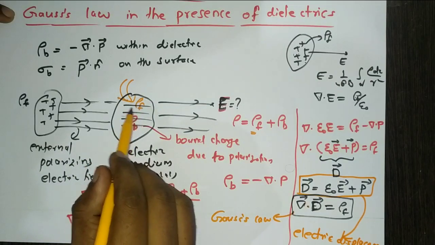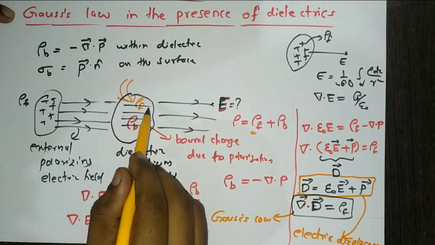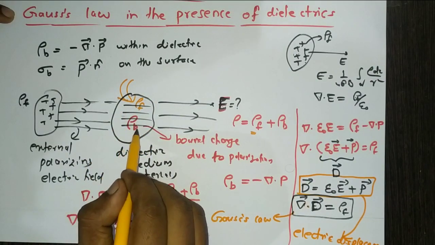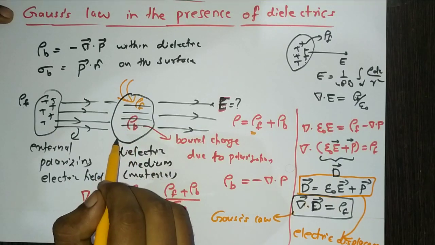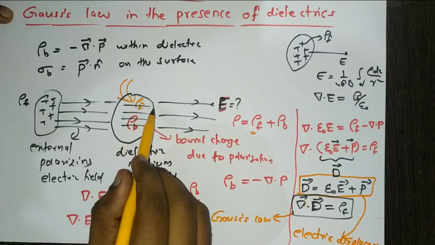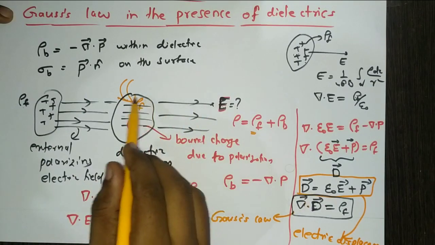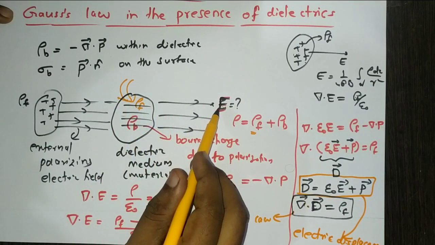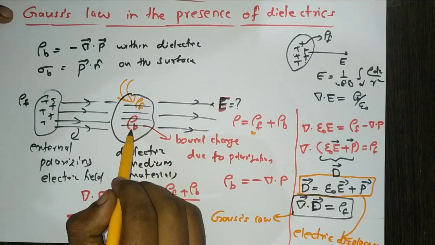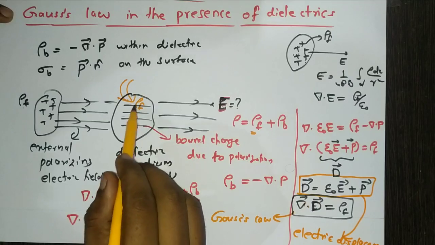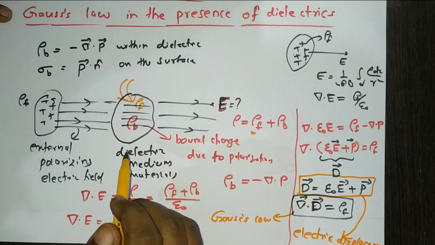Because of these free charges, the material gets polarized, and the volume bound polarization will give rise to the volume bound charge density. The field at a particular distance from this polarized object can then be due to both of these charges, the volume bound charges and also the free charges.